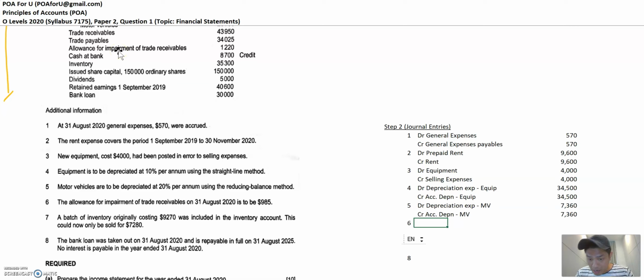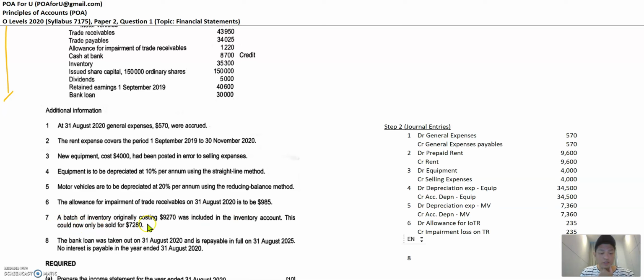So when you adjust it down, you are debiting it. So you debit allowance for impairment of TR, all right? And you adjust it by 1220 minus 985, and that is the number, and you credit the corresponding entry, or the other side of the journal entry, is always impairment loss on trade receivables, so for the same amount.